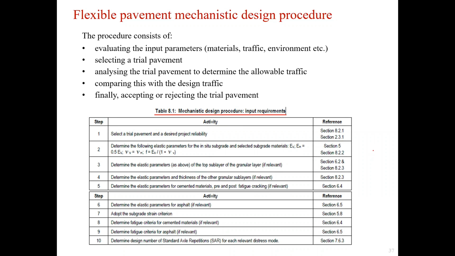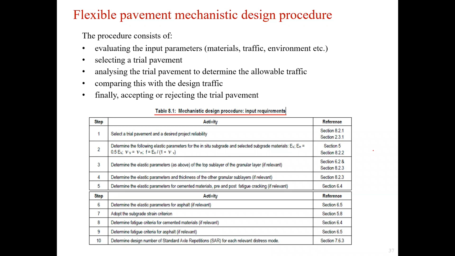The first one is to select a trial pavement and desired project reliability. Then calculate the elastic parameters for the subgrade materials, the E, the mu, and G, followed by the elastic parameters for the top sublayer of the granular layer, and then elastic parameters and thickness of the other granular sublayers.